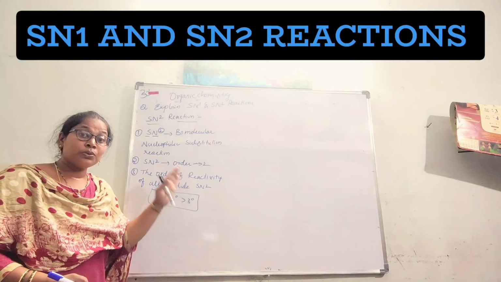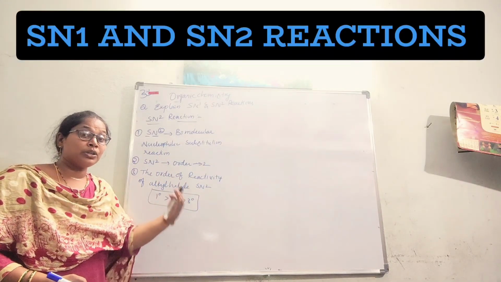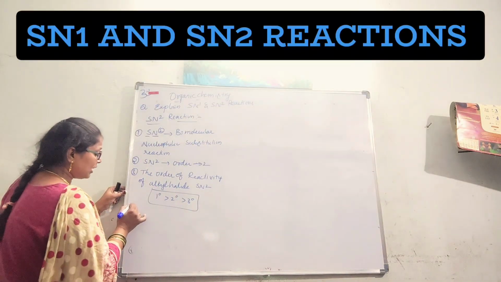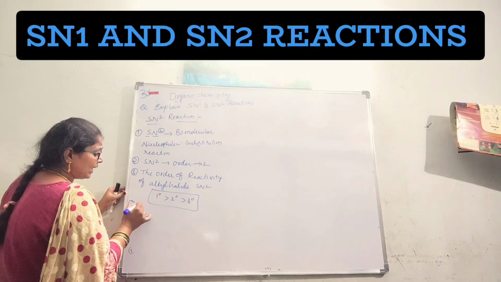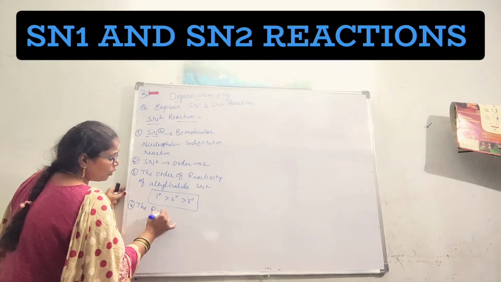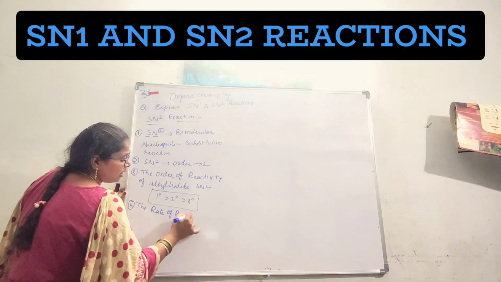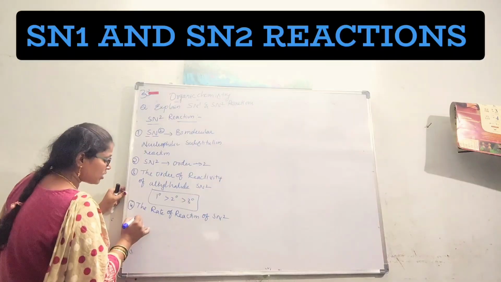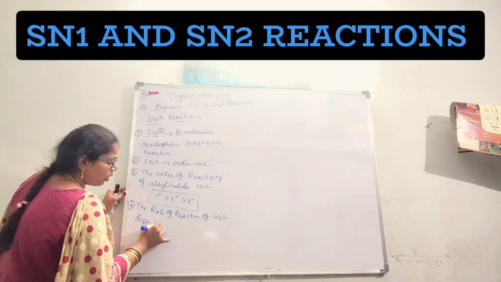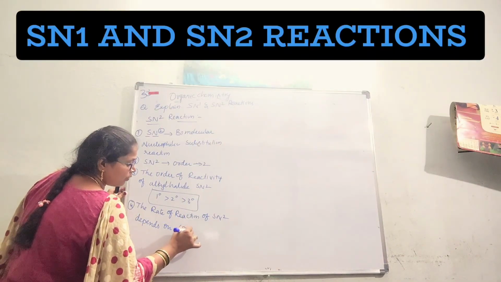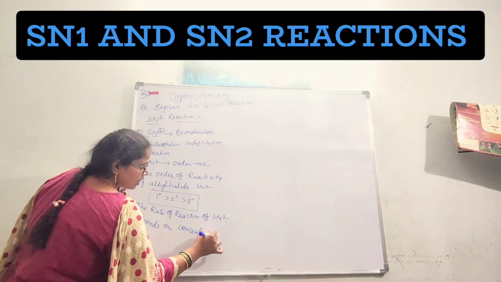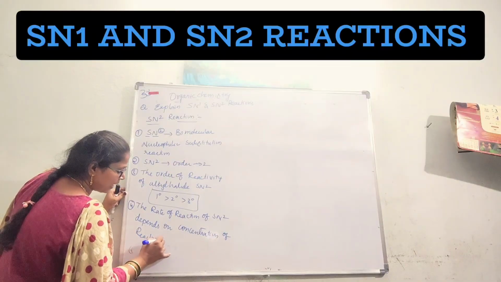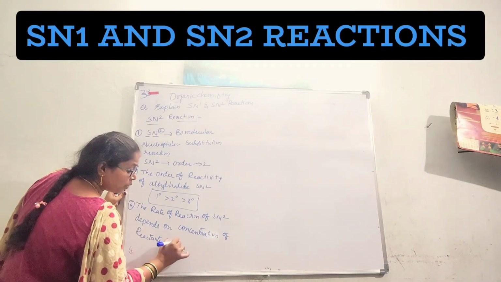Like that you have to revise the concept comparatively, then we can get clarity and we should not get any confusion. Next, the fourth point: the rate of reaction of SN2 reaction depends on the concentration of reactants and at the same time the nucleophile also.